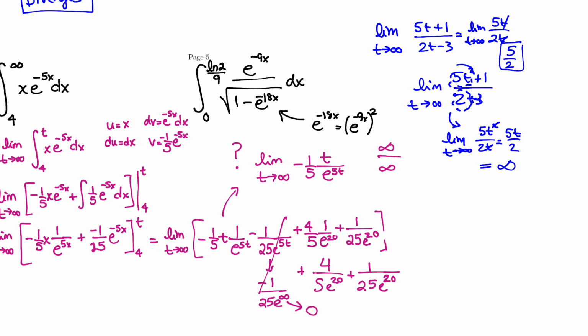So if I'm comparing t versus e to the 5t, and I'm moving to infinity, which one is going to grow infinitely faster? It's this guy, okay? Are you kind of all with me? Which means I'm going to have something divided by something that's growing even bigger. And so we are going to assume that this limit is 0.